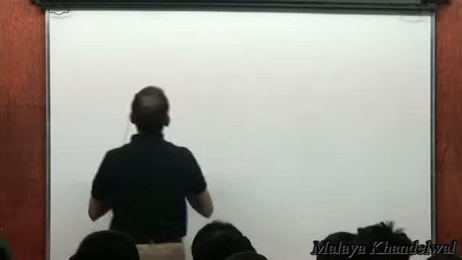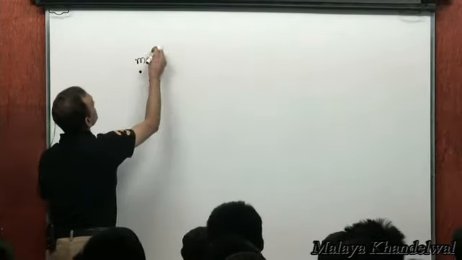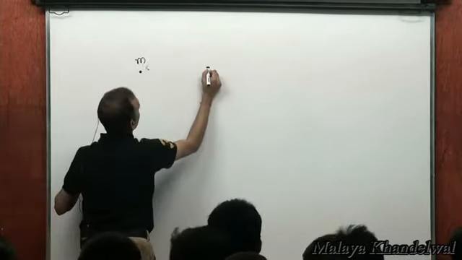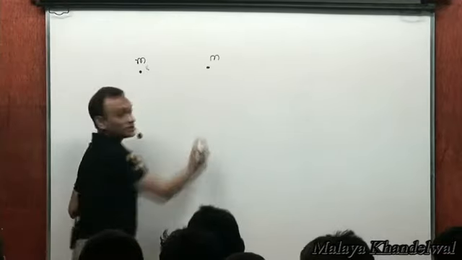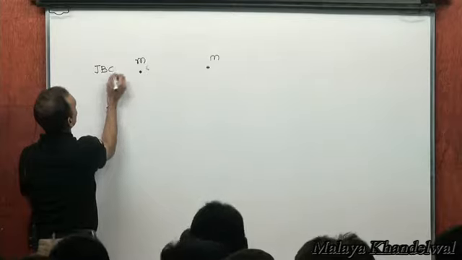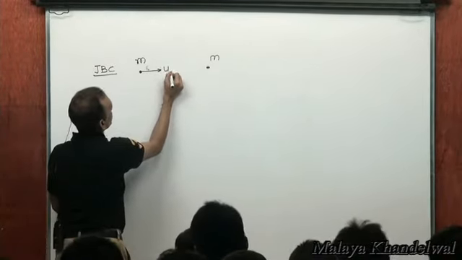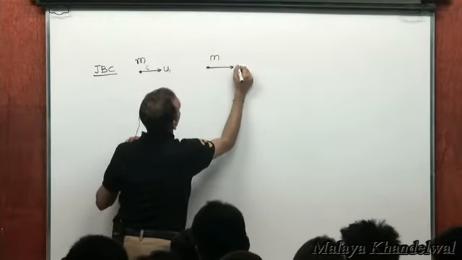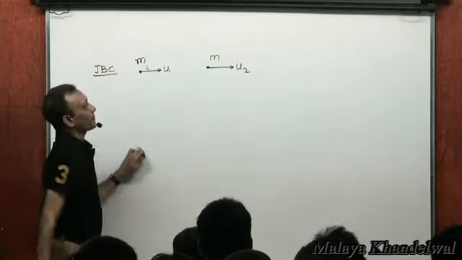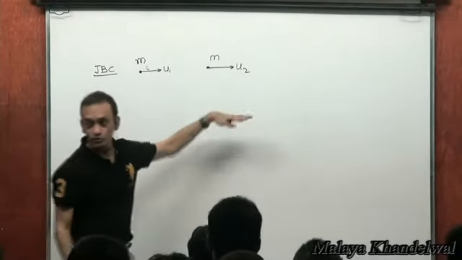Now, if there are two identical masses, say this is M and this is M, and just before collision they have velocities u1 and u2. Identical masses colliding head-on.